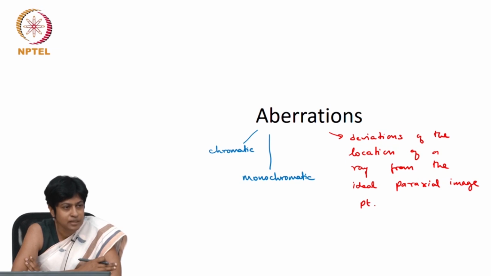Why do you have chromatic aberrations? Think of your imaging equation. The refractive index depends on wavelength, and every imaging equation that we have looked at, every matrix that we have looked at, obviously has refractive index in it.